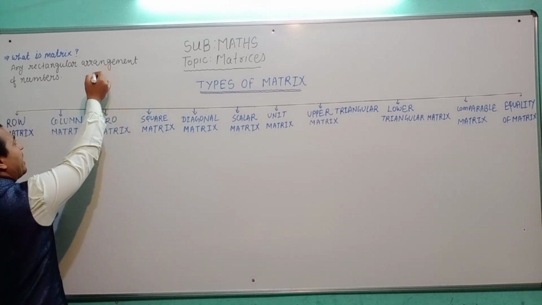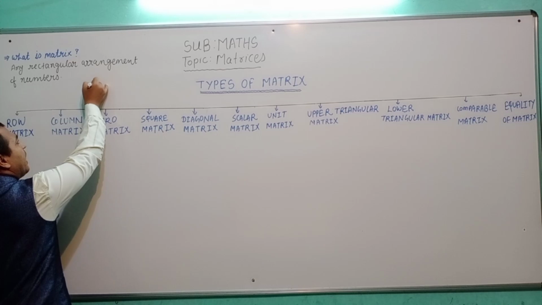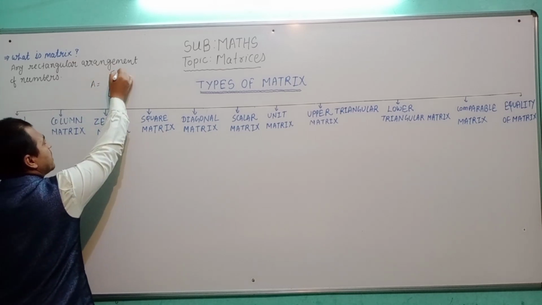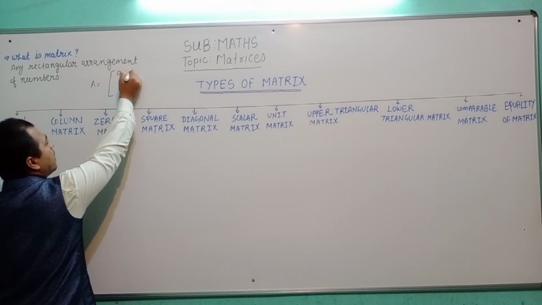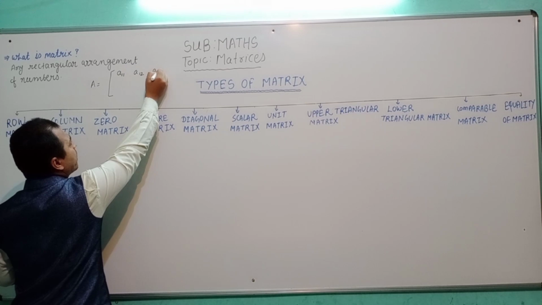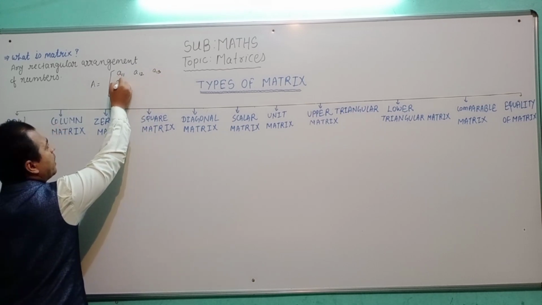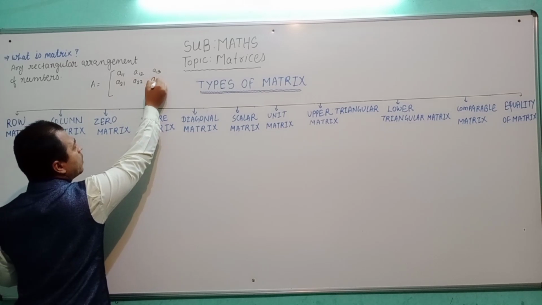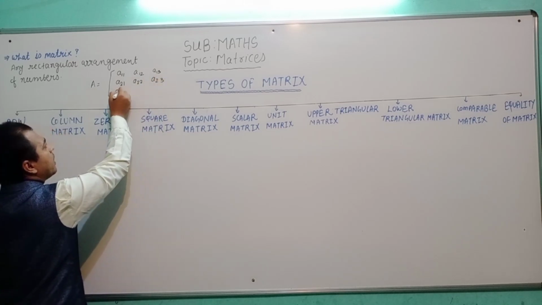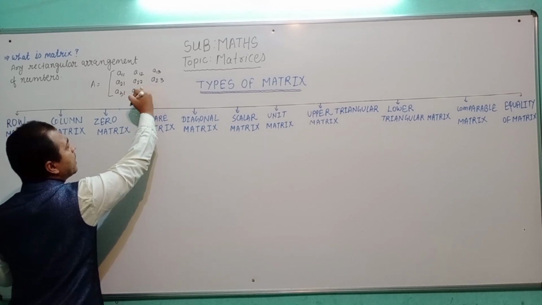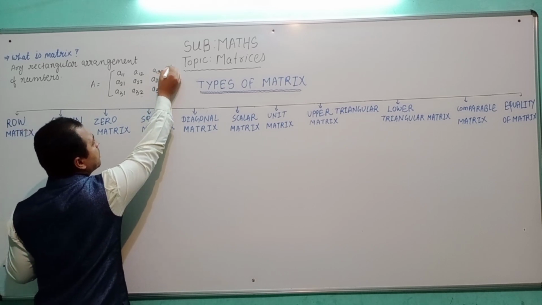Suppose a matrix A can be written as A11, A12, A13, A21, A22, A23, A31, A32, A33.